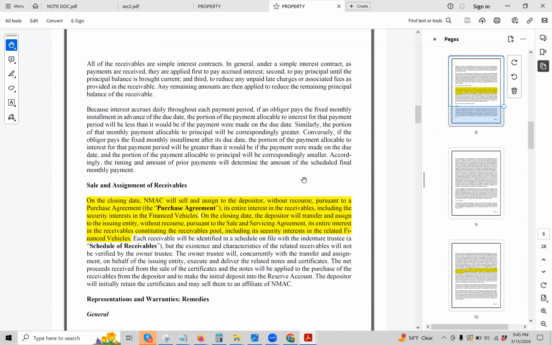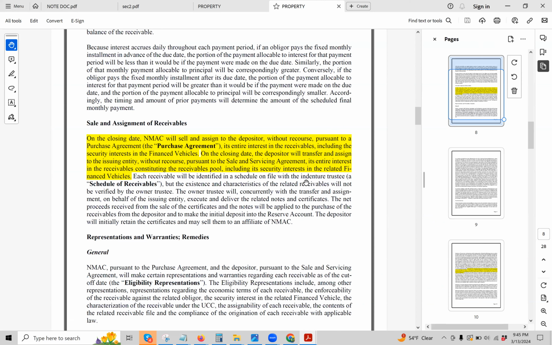And here is an interesting excerpt from the document. This is basically saying, on the closing date, there's a purchase agreement, okay? It says on the closing date, NMAC will sell and assign to the depositor without recourse, pursuant to a purchase agreement, its entire interest in the receivables, including the security interests, which we mentioned earlier, including the security interest in the financed vehicles.